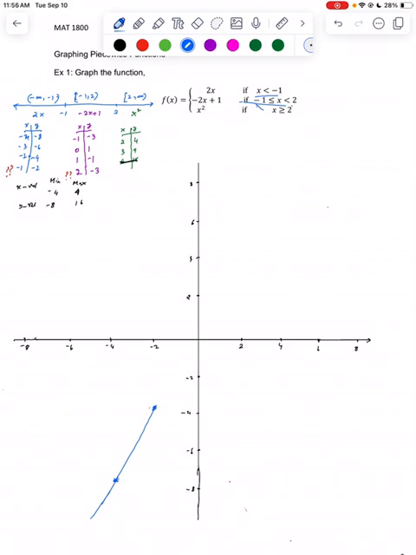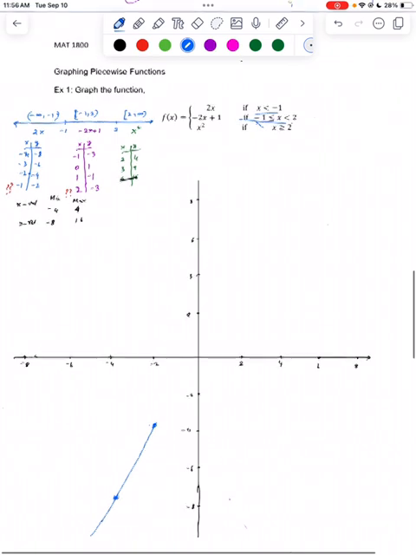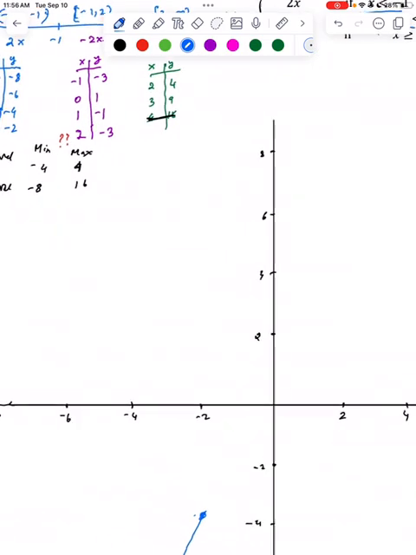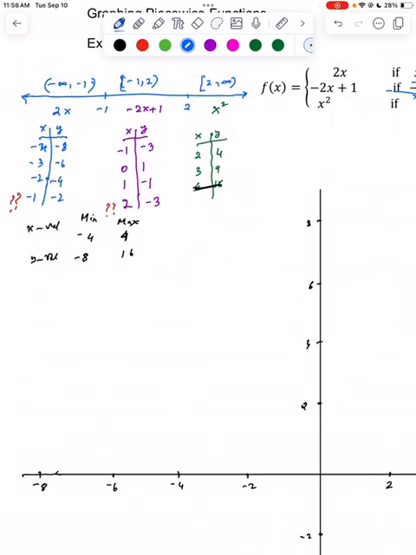But then what about the piece between negative 2 and negative 1? It's necessary to calculate the value at negative 1, although negative 1 is not included in the domain, and then what we should do is circle it.